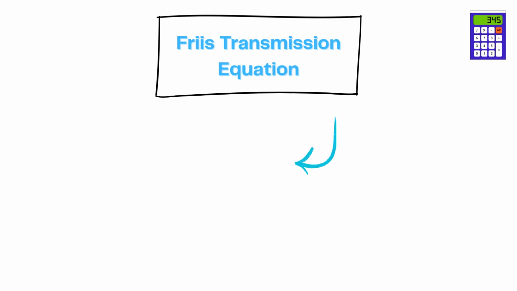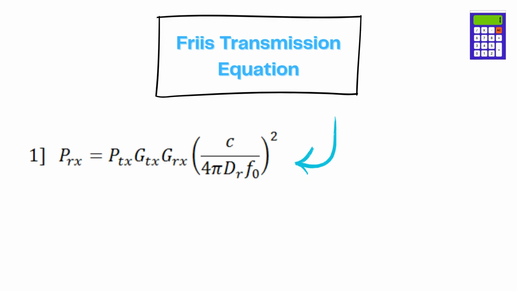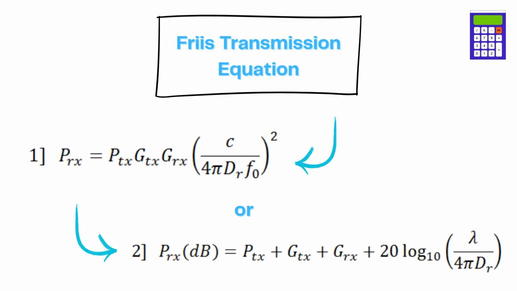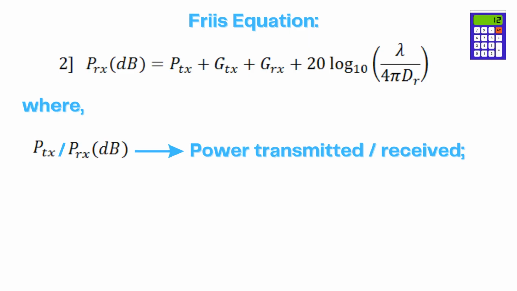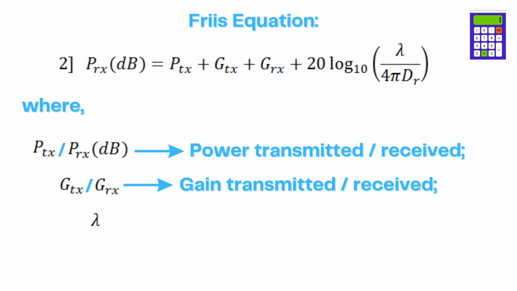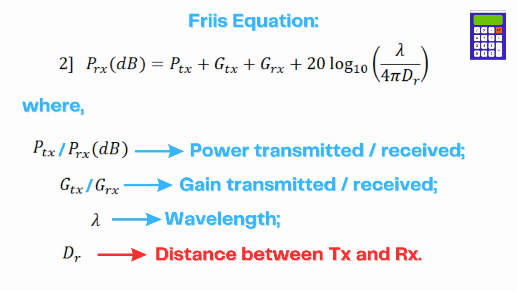Whenever it's necessary to analyze, calculate, or design a communications project with at least 2 elements, one sending and the other receiving electromagnetic signals, it's necessary to have some basic information such as power transmitted or received, gain transmitted or received, or wavelength and distance between transmitter and receiver.